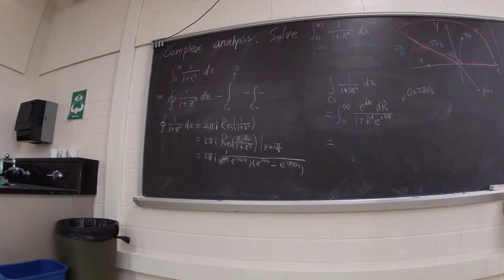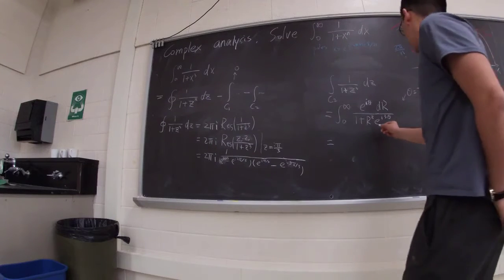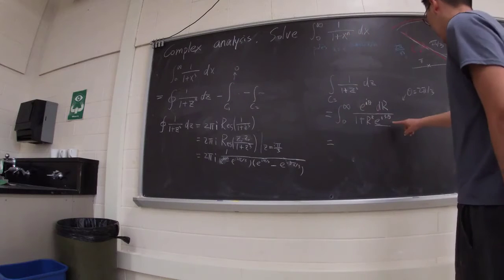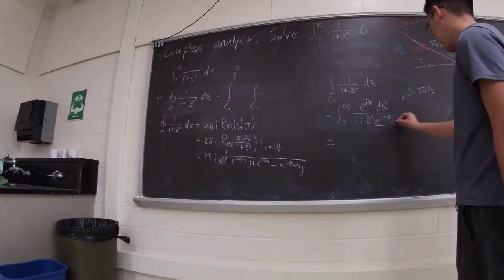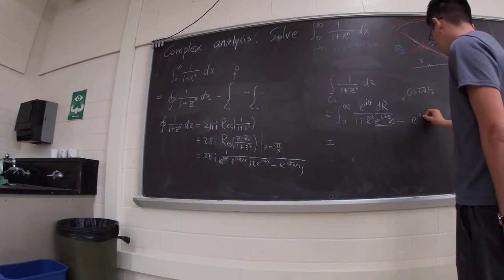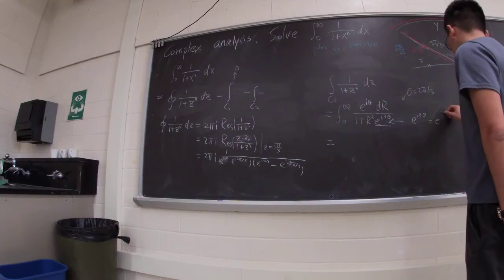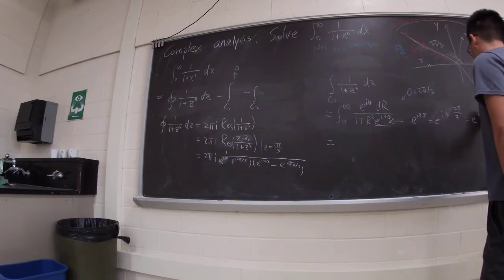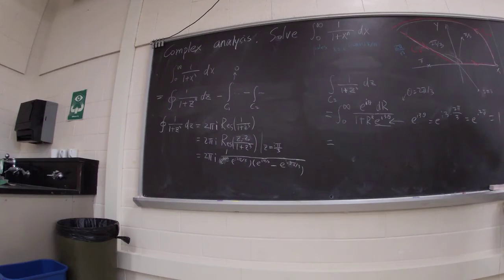From here we could have some tricks. With three theta, it's a happy coincidence. We have e to the i 3 theta equals e to the i 3 times 2 pi over 3, equals e to the i 2 pi, which equals 1.